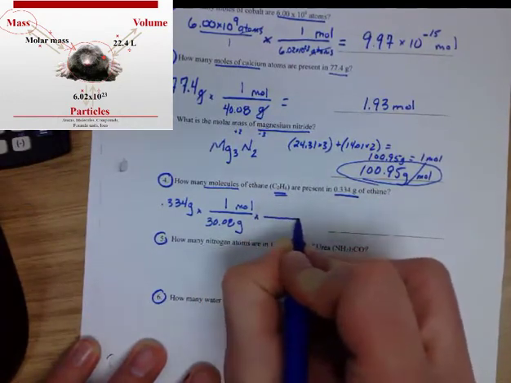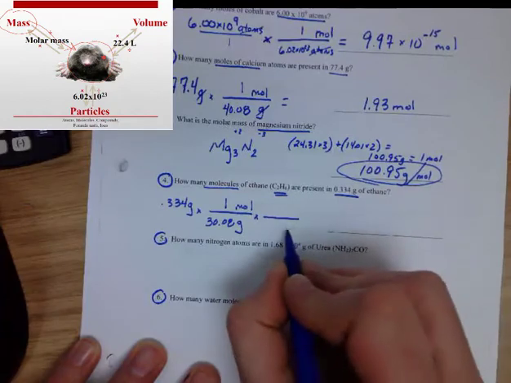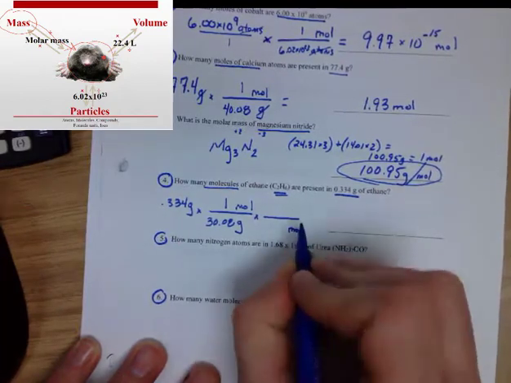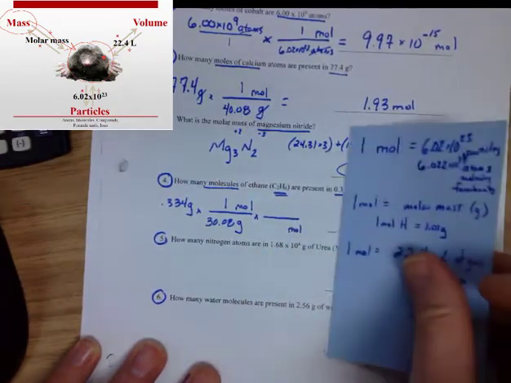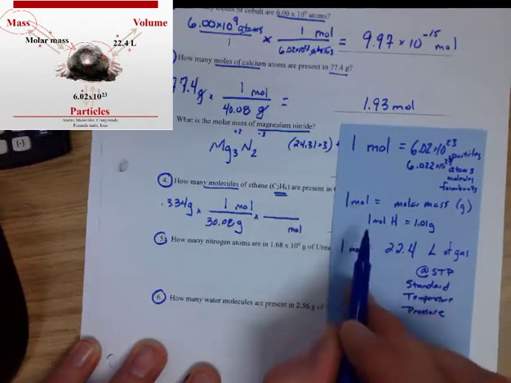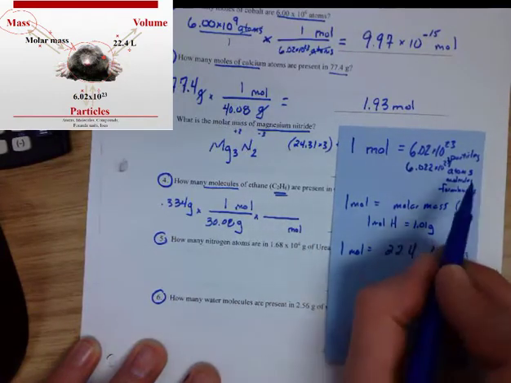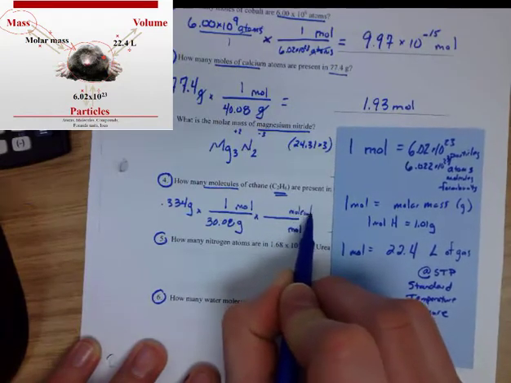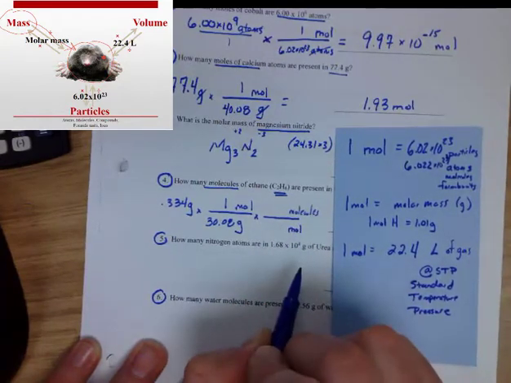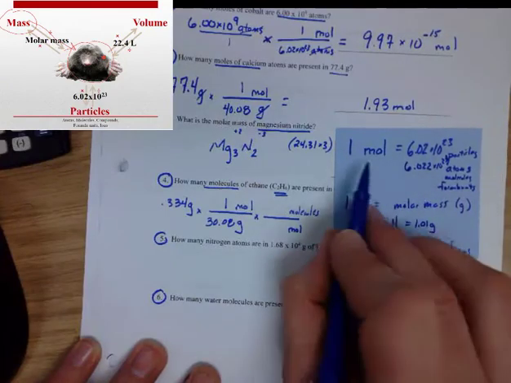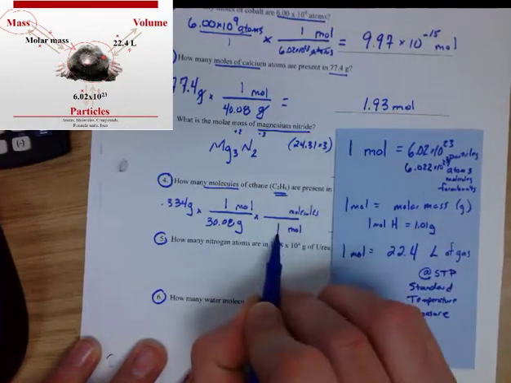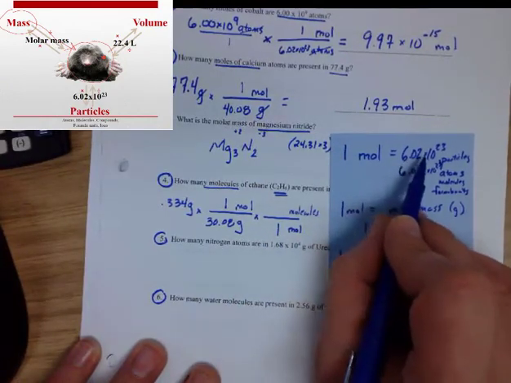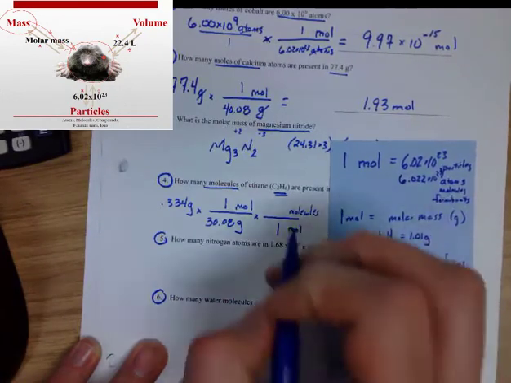So I'm just going to continue my dimensional analysis. I'm going to put moles on the bottom. And on the top, oh, hey, I can convert moles to whatever the heck I want. Molecules are over here, so I'm going to use molecules because that's what I want. It's going to be 1 mole is equal to 6.02 times 10 to the 23rd molecules.